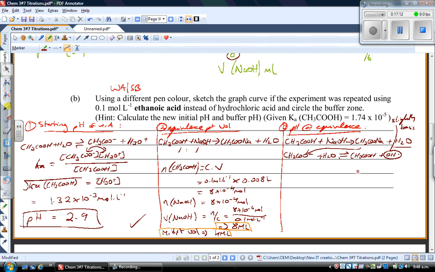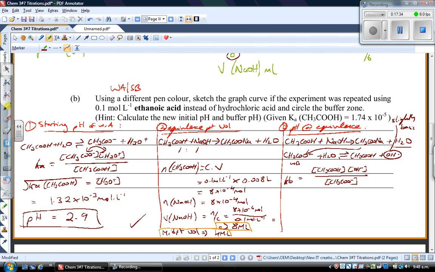Because this is a weak base now, this is essentially a weak base equilibrium, and we can write a Kb expression. The Kb expression for this system would be the products, ethanoic acid times the OH minus ions, over the ethanoate.